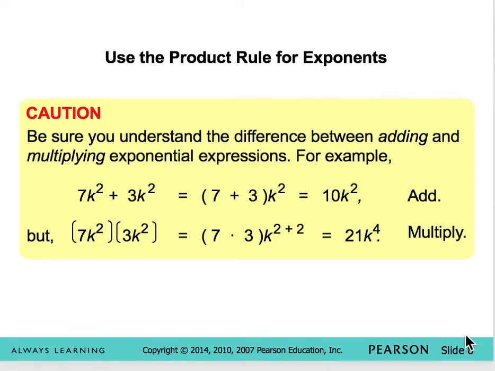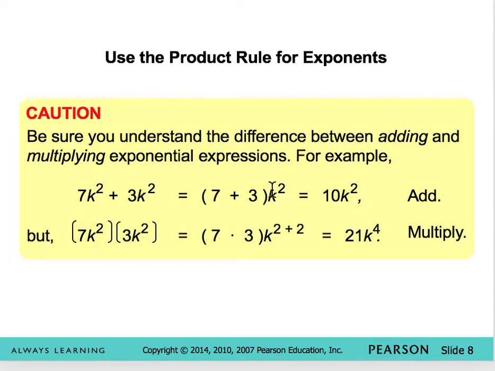Okay. So this is just a caution about the things that we already talked about. Be careful. There is no exponent rule for adding. This is what we just got through talking about. If your terms are the same, if you have 7k squareds and you're going to add 3k squareds, right, you combine them. And that k squared doesn't change, right? 7 pencils and 3 pencils is 10 pencils.